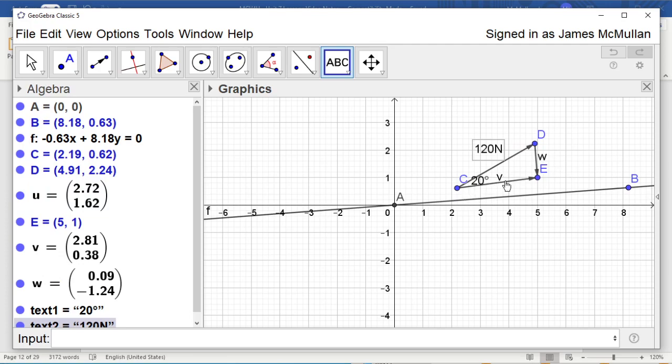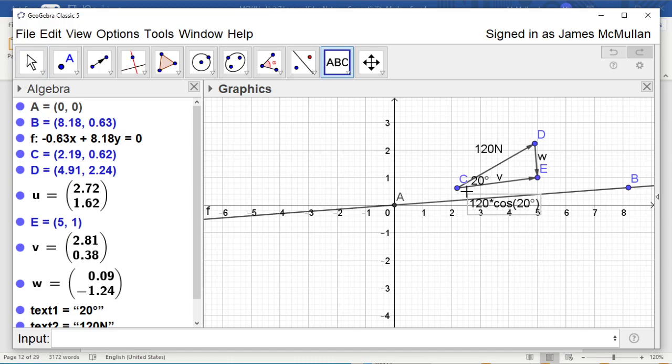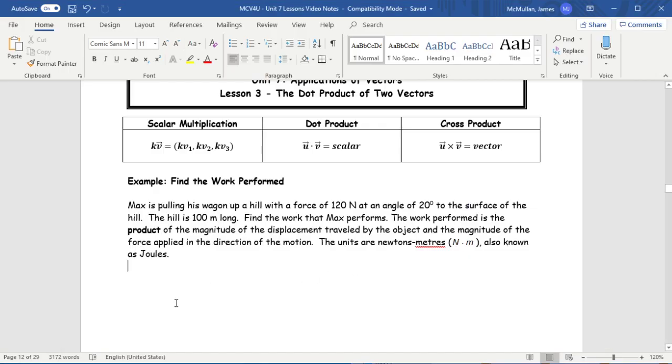So how much of his force is actually useful for moving this object is 120 times cos 20. That would be the force that's actually down here. So the force in the direction of motion is 120 cos 20.